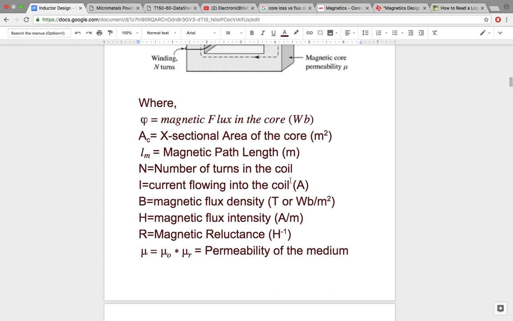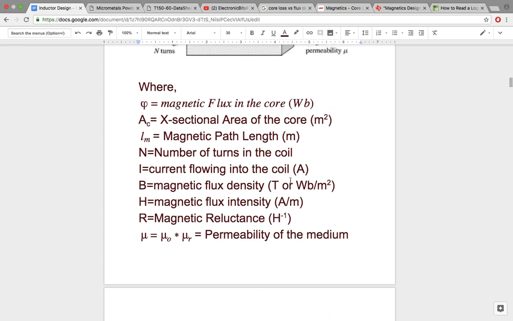So these are the few nomenclature being used for analyzing the design of an inductor. Phi represents the magnetic flux in the core, Ac represents the cross-sectional area of the core, Lm represents the magnetic path length, N represents the number of turns in the coil, I represents the current flowing into the coil, B represents magnetic flux density, H represents magnetic field intensity, and R represents the magnetic reluctance, which is a very important parameter while designing an inductor.